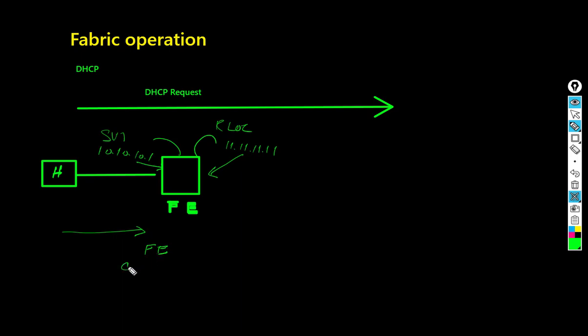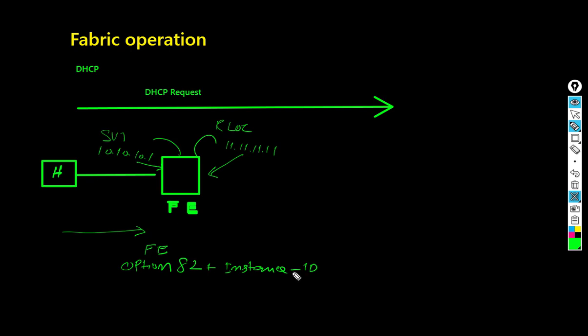As soon as the broadcast message comes in to the fabric edge switch, it is going to use option 82. The client sends the broadcast DHCP request packet with its MAC address as a source to the fabric edge switch.